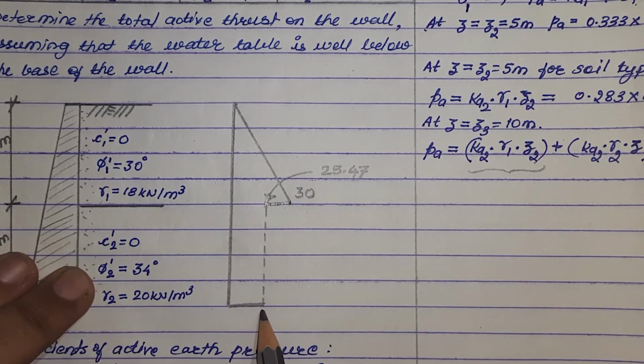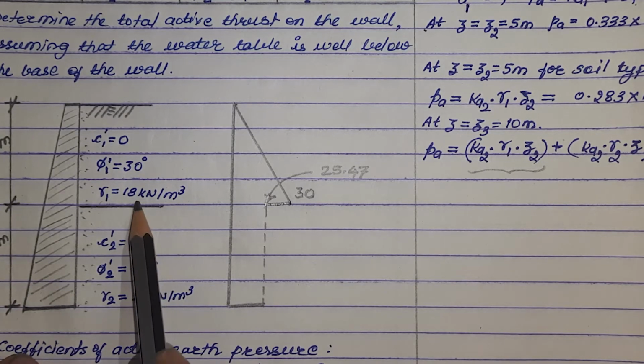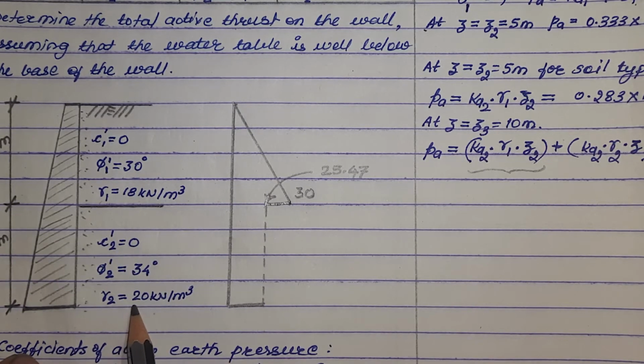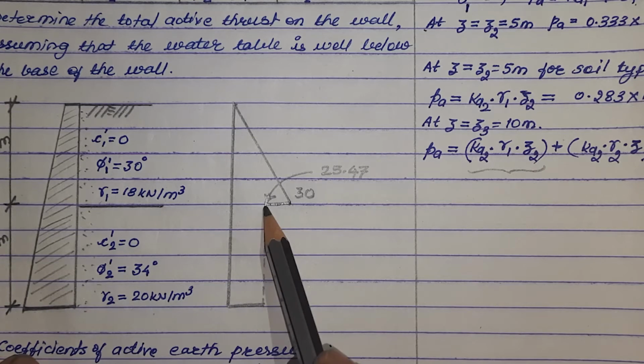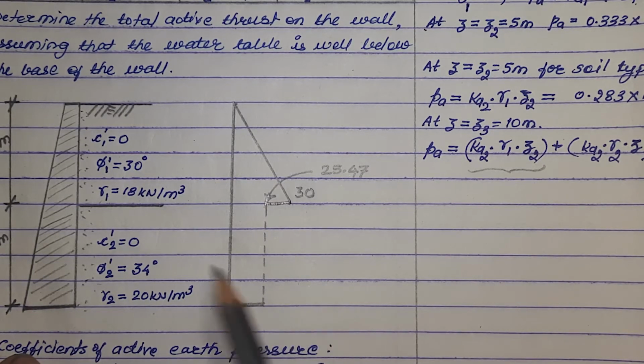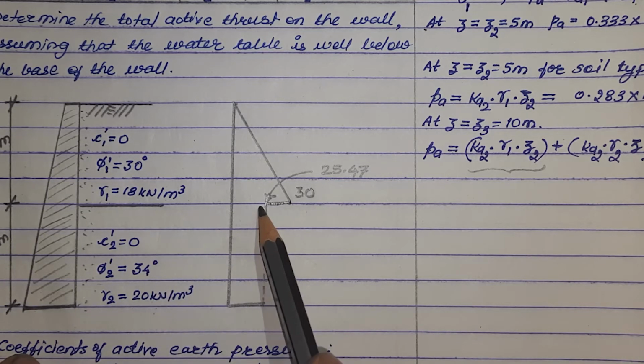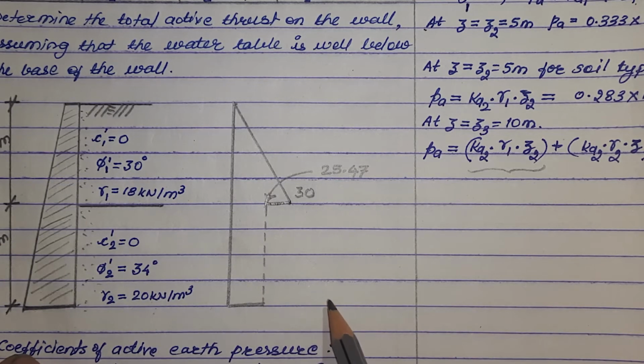Okay, thereafter, due to this second type of soil which is present in the bottom 5 meter, it will exert another pressure in triangular form. So the pressure distribution diagram for the second type would be a triangular one. How is it calculated? It will be calculated on the basis of these properties.